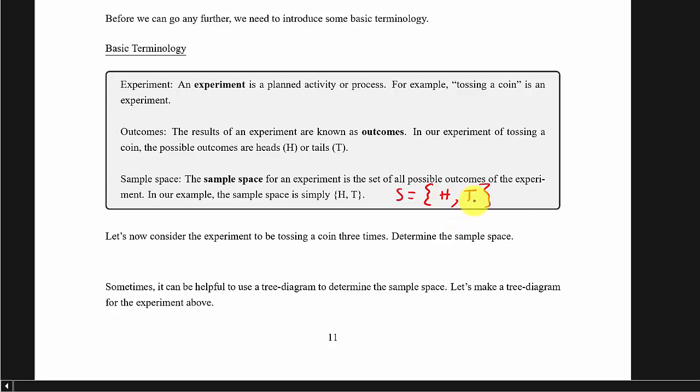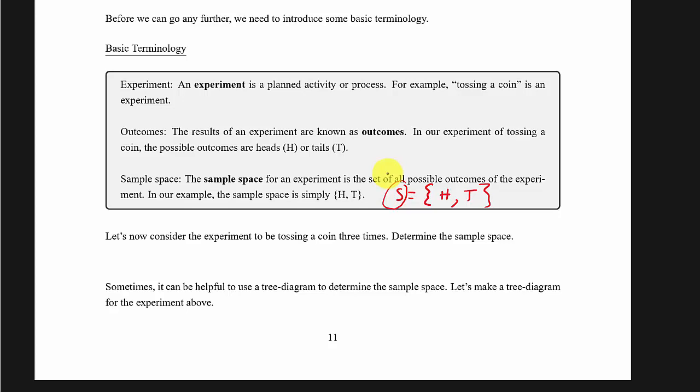And whenever we're representing a sample space, we typically use the capital letter S.